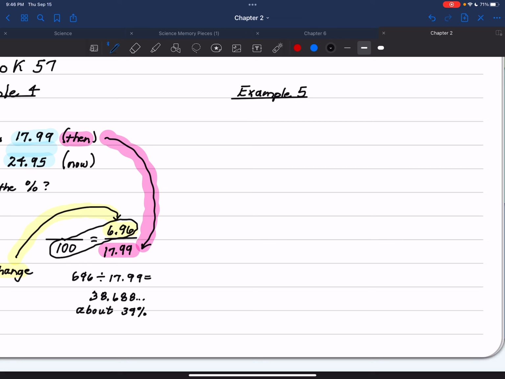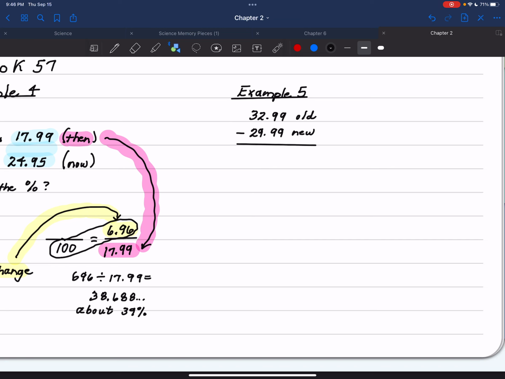For members who join during the month of January, the gym lowers its monthly fee from, so this was the old price, to, this is the new price, the special price. What is the percent change in the monthly fee during the month of January?